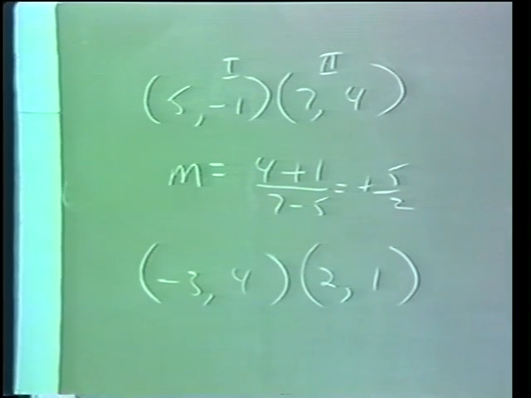2 points. Negative 3, 4 is the first point. 2, 1 is the second point. Find the slope of the line connecting those 2 points.